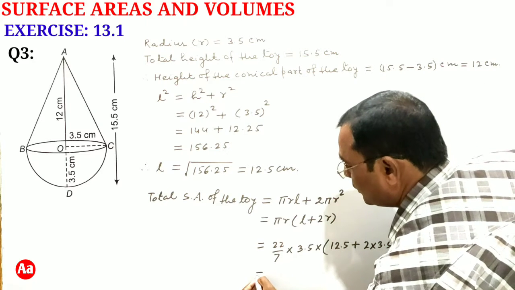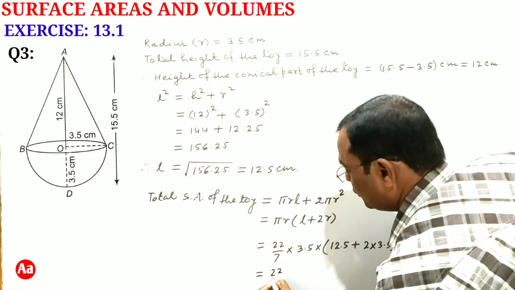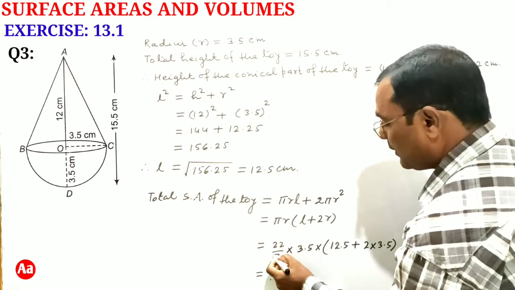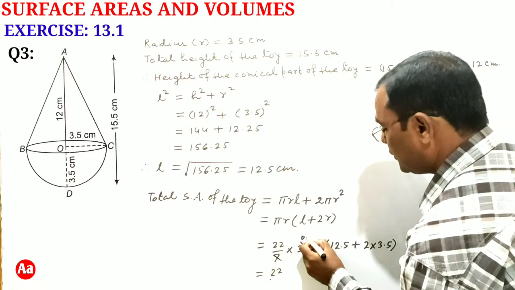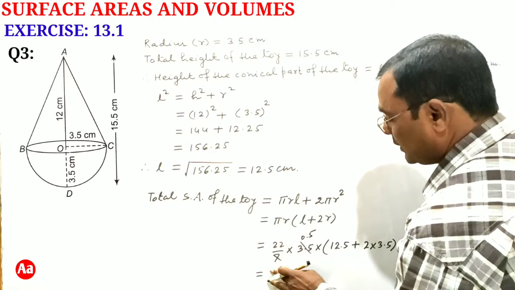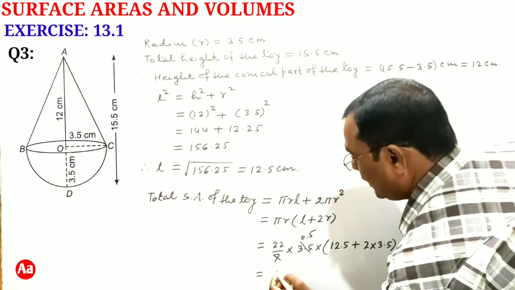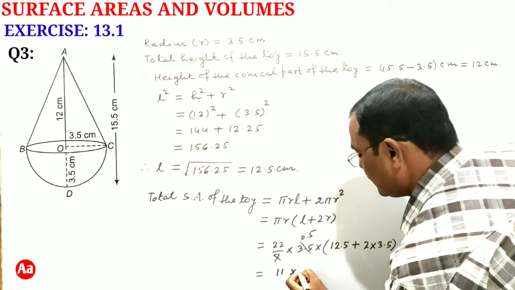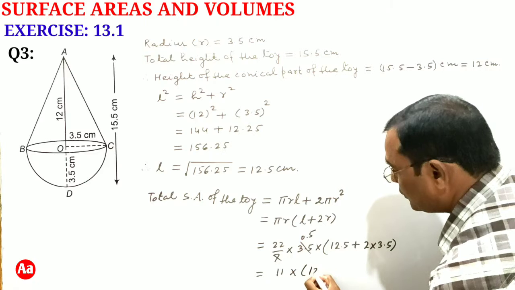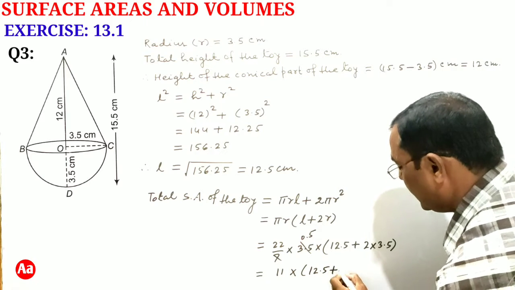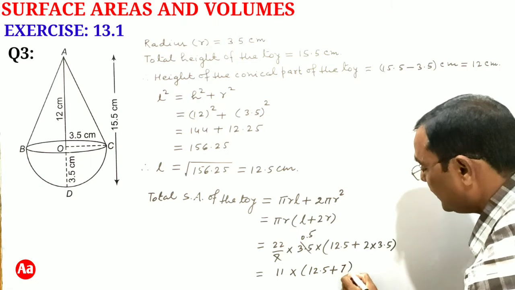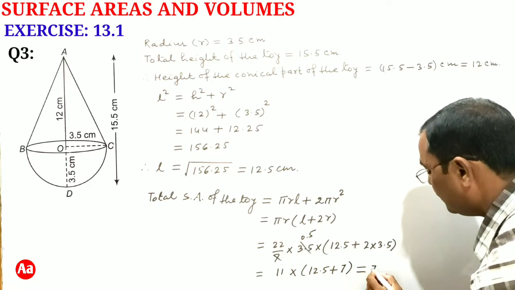This is equal to, 22 by 7 can cancel this 3.5, 7 times 0.5, and this 0.5 into 22 is 11. So 11 into 12.5 plus 2 into 3.5, which is 7.